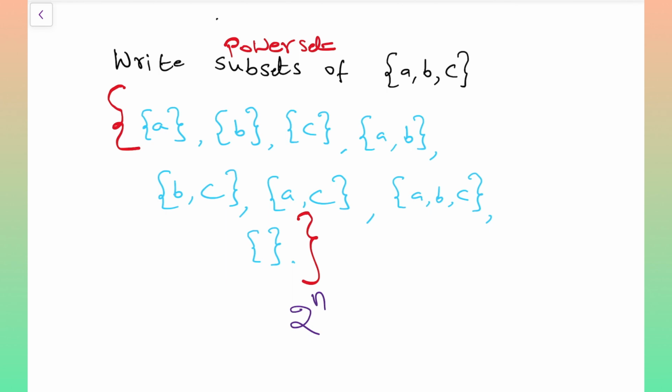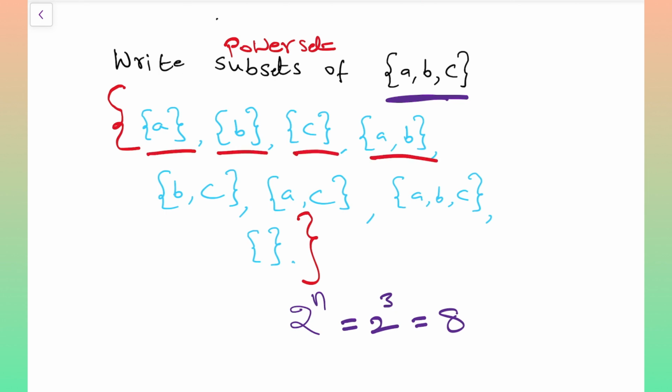N is the number of elements in the given set. If you observe this set, 3 elements are there, so 2 power 3, 2 into 2 into 2, is 8. For the given set A, B, C, a total of 8 subsets should be there. Let us check whether we got all 8 or not: 1, 2, 3, 4, 5, 6, 7 and 8. Yes, 8 subsets are there.